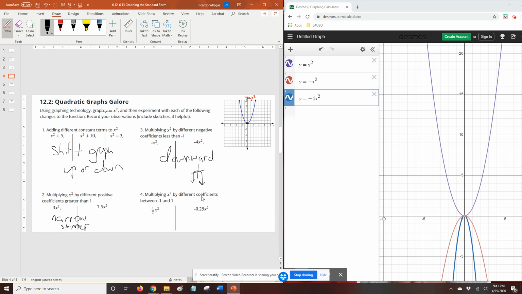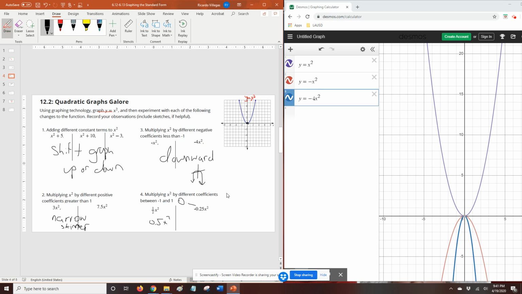Between -1 and 1 basically means 0 point something. Okay, so like 1/2 is the same thing as 0.5x squared. And then -0.25x squared. So go ahead and type in what you think is going to happen if we multiply the x squared by a different coefficient between -1 and 1.